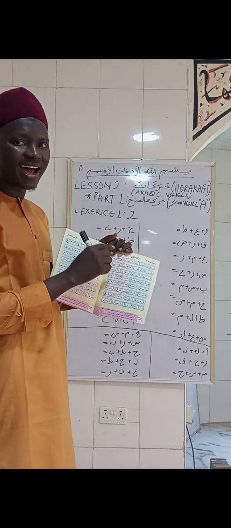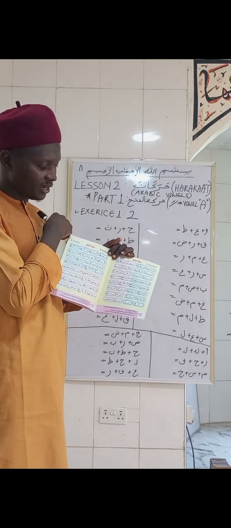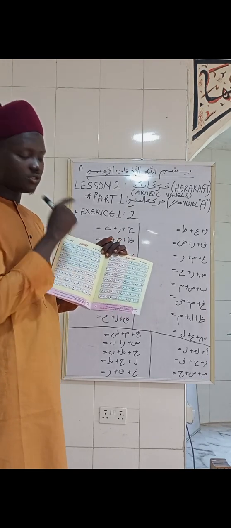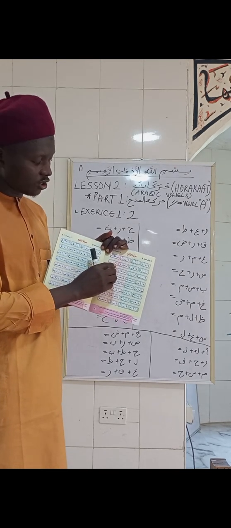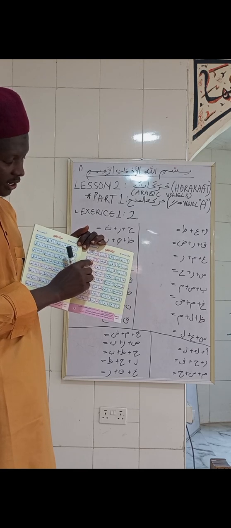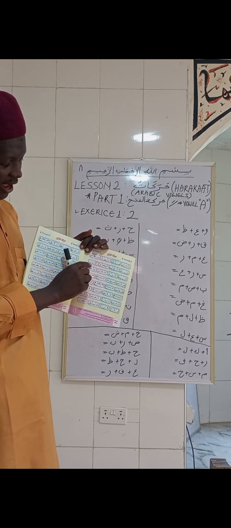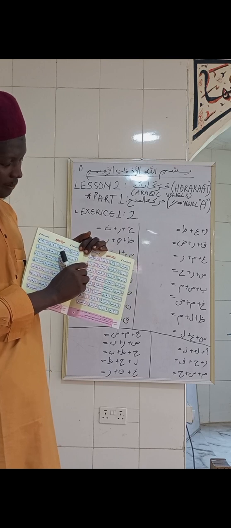It is only at the end that you will not link it with another letter; it will stand in its original form. So you link it with this ta and link it with ba, and it becomes ka, ta, ba.